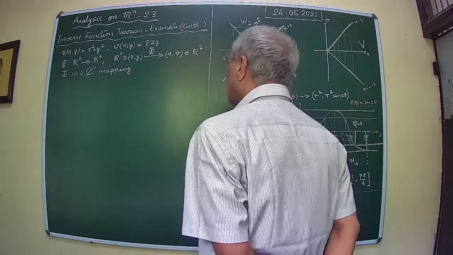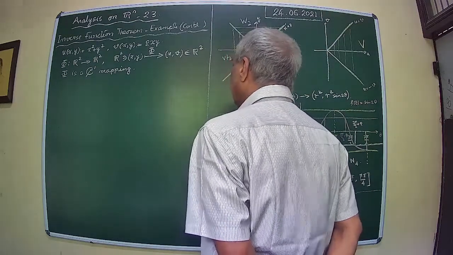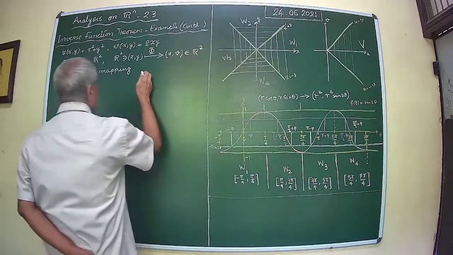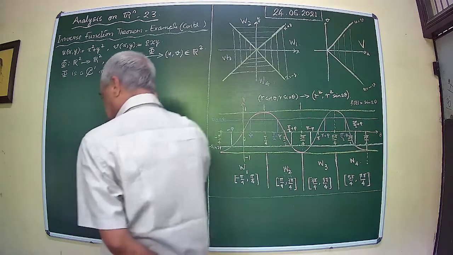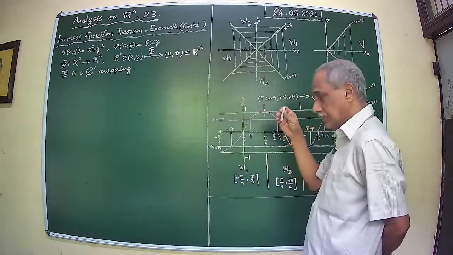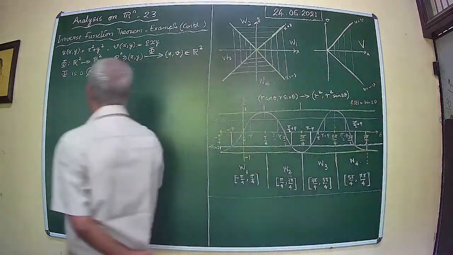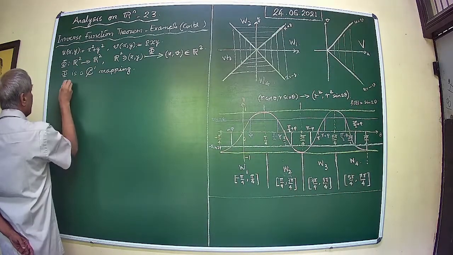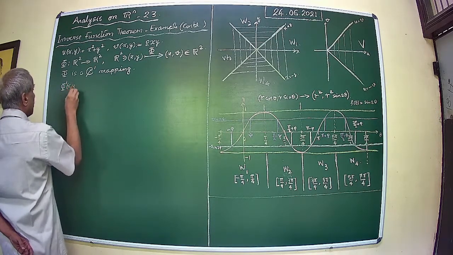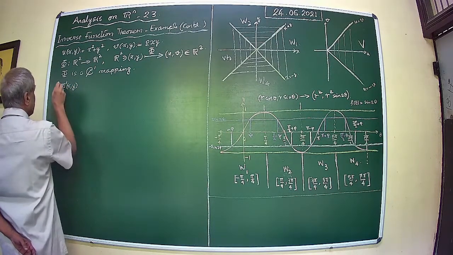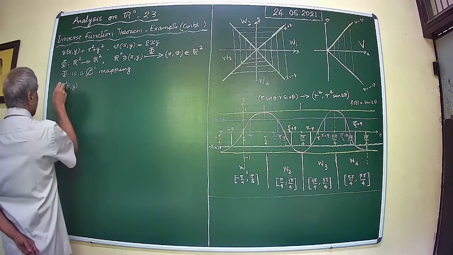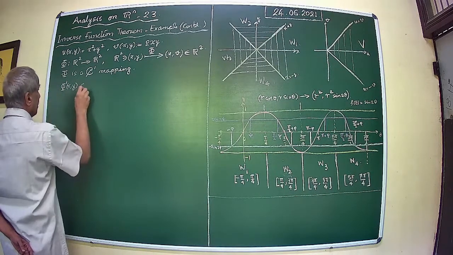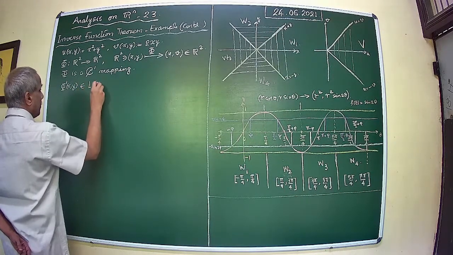Now, you see that we look at the places where phi derivative is singular. Okay, so you see that phi derivative, this is a linear transformation, this belongs to L(R2).